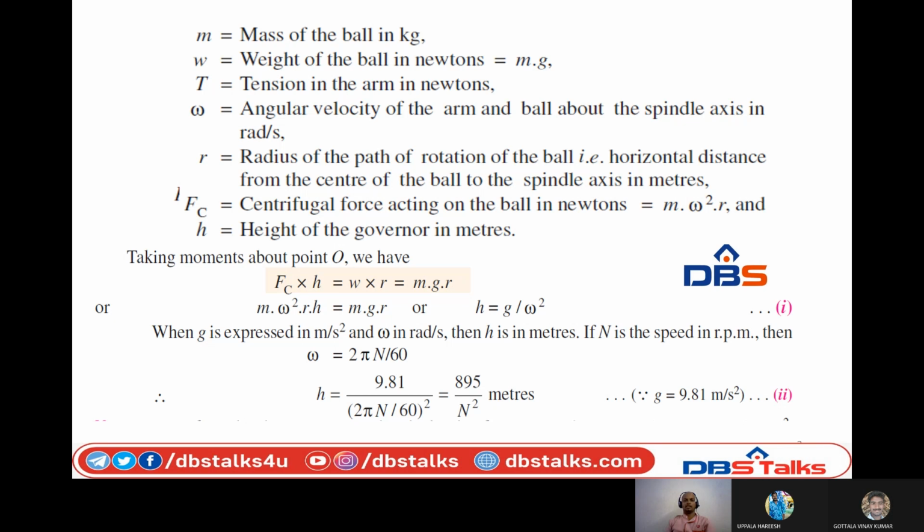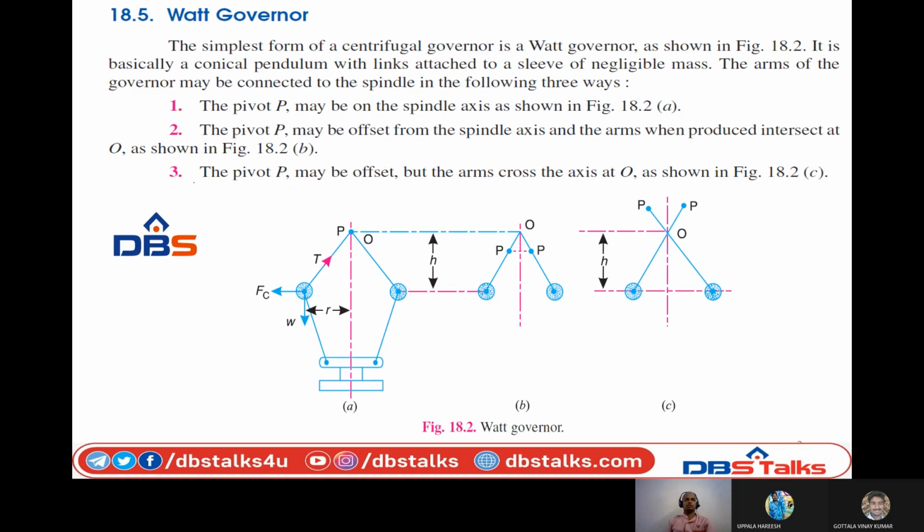So firstly, the centrifugal force acting on the ball, the tension in the arm, and the weight of the ball are the things we need for the equilibrium condition. By taking the moments about O, Fc is the centrifugal force acting about O, where the two arms are pivoted with respect to the spindle.